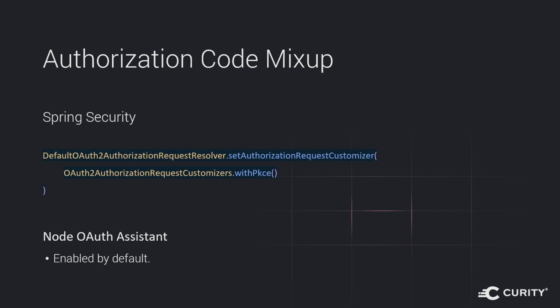Many libraries support that. For example, the Node Auth Assistant always uses PKCE, and in Spring Security, PKCE is enabled by default for public clients, but for confidential clients, you just need to set one configuration option, and you're good to go. PKCE is added automatically to your request.